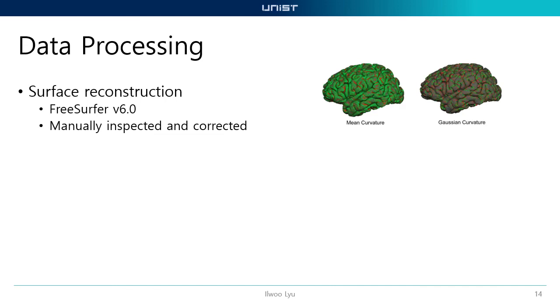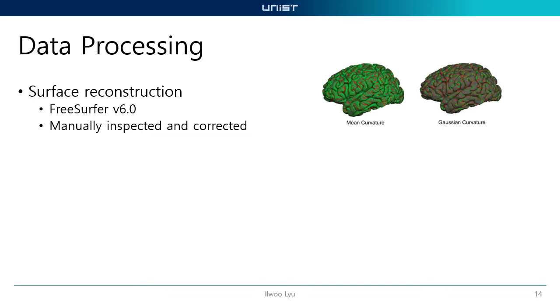So this is a brief summary of the data processing. We use FreeSurfer version 6 for surface reconstruction for the parcellation task and the sulcal labeling task as well. All the surfaces are manually inspected, so if there is any misclassification of a tissue, we corrected it to get well reconstructed surfaces.